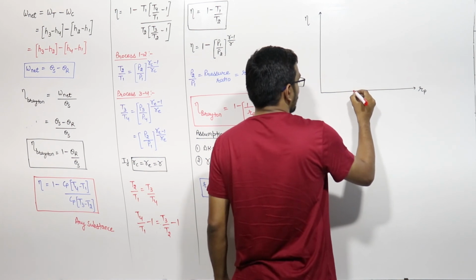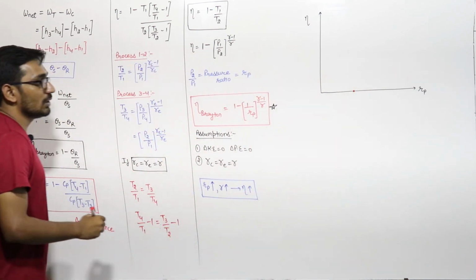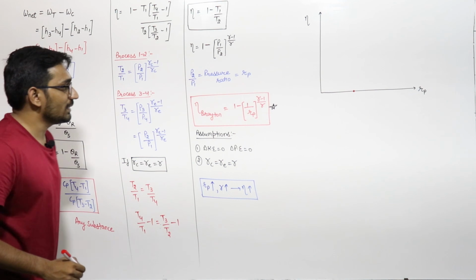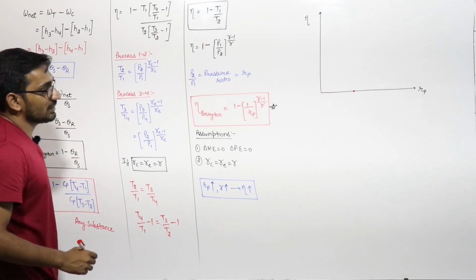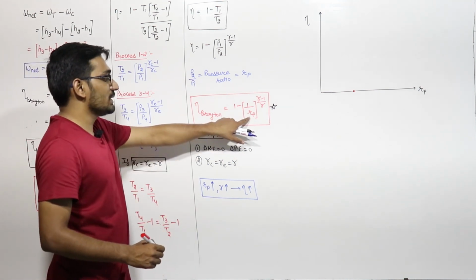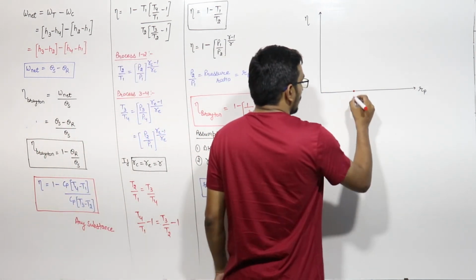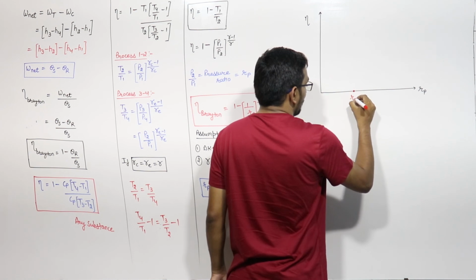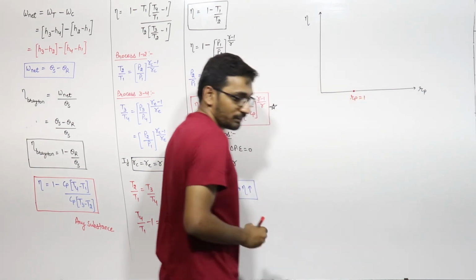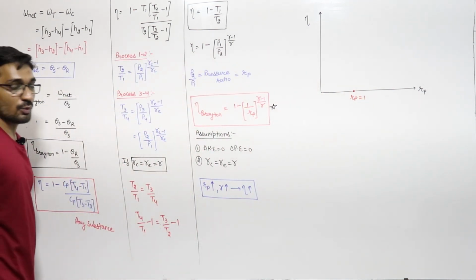Or you can say that when pressure ratio is 1, then Brayton cycle efficiency is 0. So this is the point where Rp value is equal to 1.